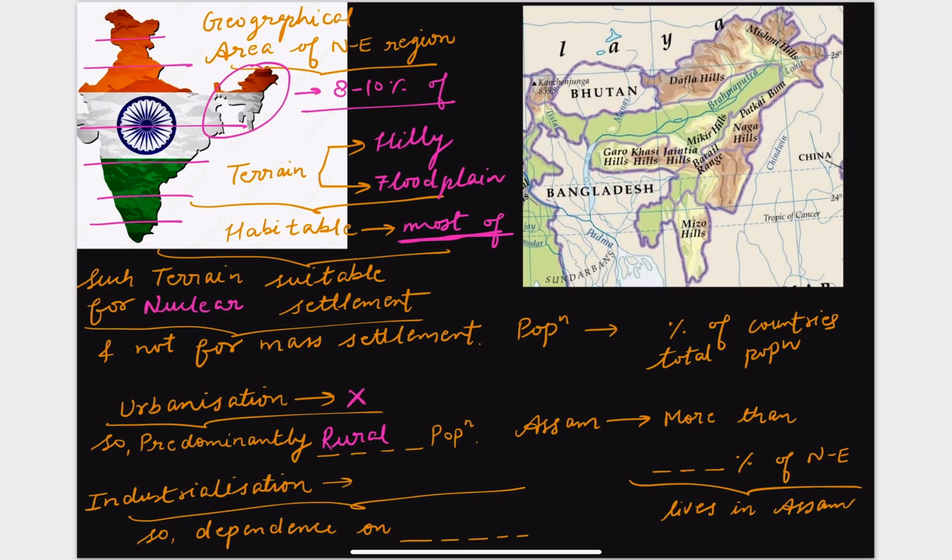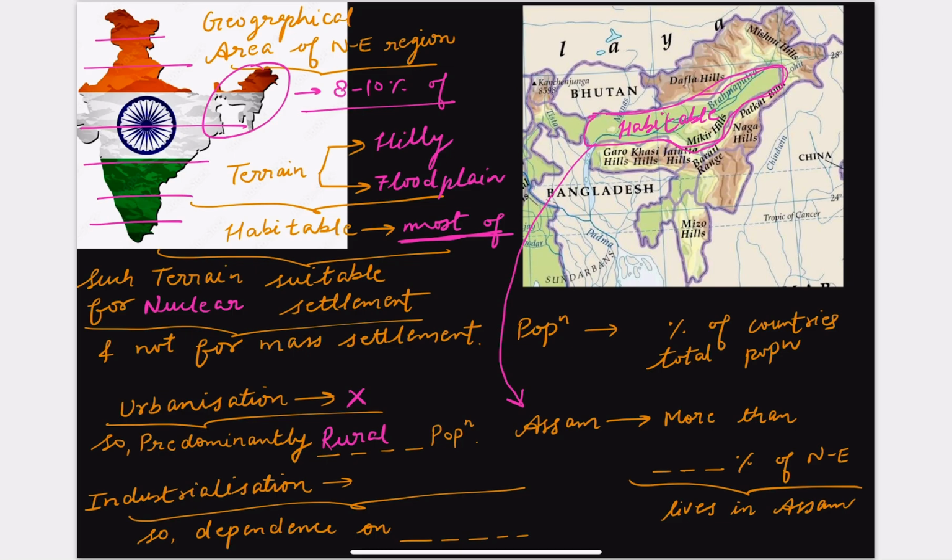Now you can see that in this map on the right hand side, this green area seems quite habitable, and this area belongs to the state of Assam. We just saw that in the hilly terrain, population living there is not possible.